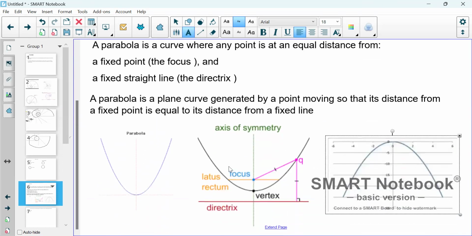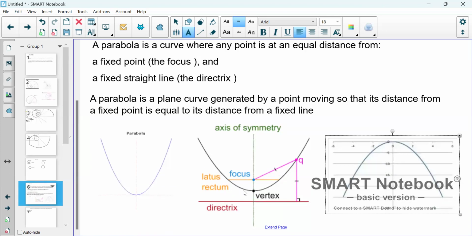All right, and here we have some examples. Of course, we can see the shape of it. And here we have some various parts associated with it, right? The axis of symmetry, that's this line here. The focus, which is the fixed point, that's this point here, and the directrix, which is this line. Now, the vertex is this point, and we can associate a vertex with other plane figures as a point where two lines meet.